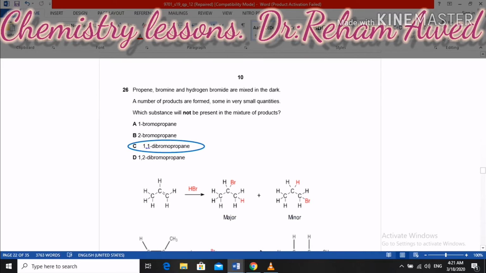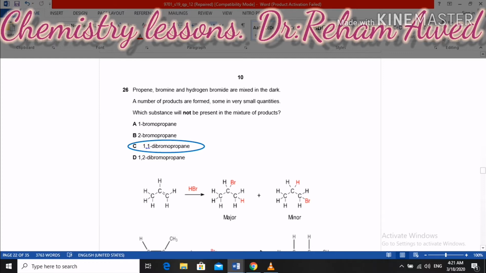At first we have propene and we will add hydrogen bromide. According to the Markovnikov rule, the hydrogen atom will be added to the carbon atom that has the highest number of hydrogen atoms. So our major product according to the Markovnikov rule is CH3-CHBr-CH3.